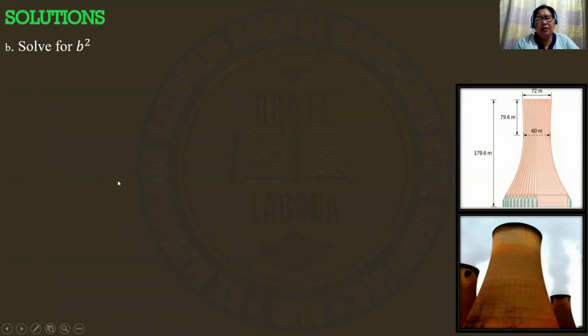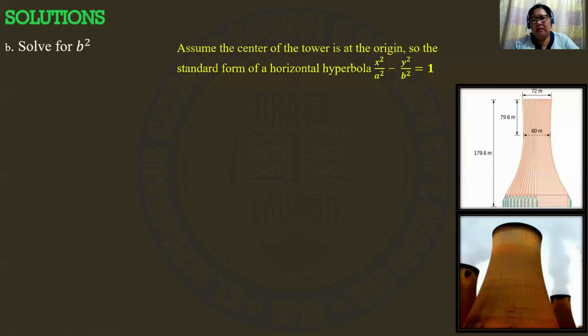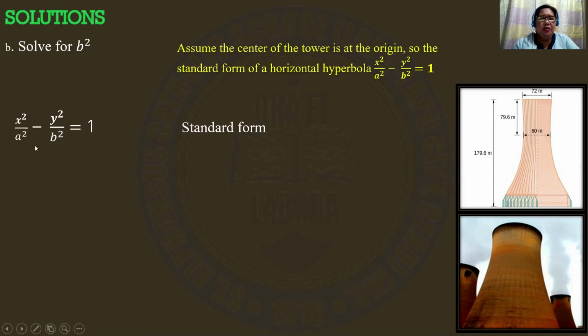Next, we have to solve for b squared. Now we assume that the center of the tower is at the origin. So the standard form of the horizontal hyperbola is x squared over a squared minus y squared over b squared is equal to 1. So using this standard form, then we have to simplify the signs.